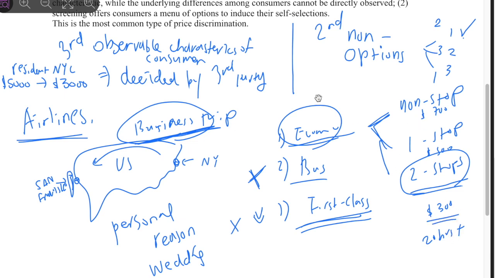And if you're busy and you think this time is worth $400, then you can go non-stop and choose $700, right? And if you're willing to pay, I cannot pay $700, but I don't want to spend 20 hours on it, so I might go for 1 stop and pay $500, right?